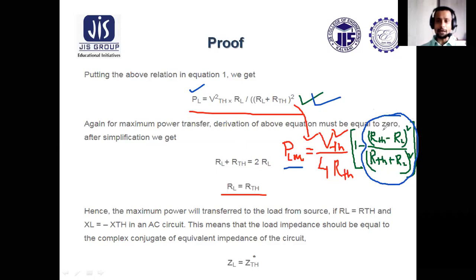Otherwise, whatever the value of this term, we will never get maximum power, because if suppose this part is 0.1, then 1 minus 0.1 will be 0.9, so the power will be 0.9 into VTH square by 4 RTH. Now if this value is 0, then the power will be VTH square by 4 RTH into 1. So this term has to be 0 to get maximum power. If this term is equated to 0, we'll get RTH equals RL.